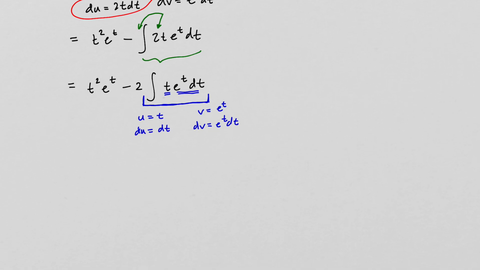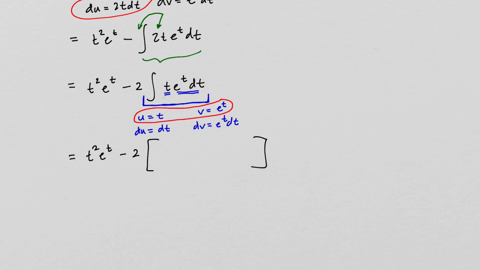Okay, now we apply integration by parts again. Let's keep everything that we had, t squared e to the t minus 2 times. Now, what is this integral? Well, integration by parts tells us it is u times v, which is going to be t e to the t, minus the integral of v times du, which is e to the t dt.